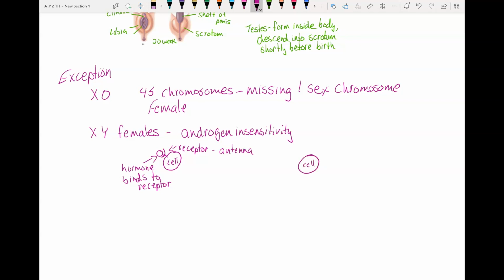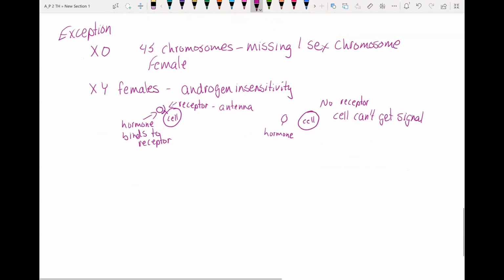So you can have a cell and you can have a hormone, but if there's no receptor, nothing happens. It would be like breaking the antenna off your radio. Then your radio can't get the signals anymore. So if there's no receptor, the cell can't get the signal. And this is how you can get a woman who has a Y, if she lacks the receptors for the androgens.